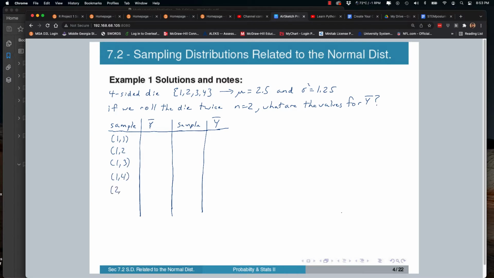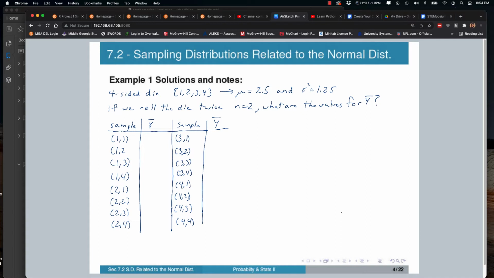Then we could roll a 2 and 1, 2 and 2, 2 and 3, and 2 and 4. We'll stop there and move to the other list. 3 and 1, 3 and 2, 3 and 3, and 3 and 4. And then finally a 4 and 1, a 4 and a 2 on each die, a 4 and a 3, and then a 4 and a 4. All right, so we got those.